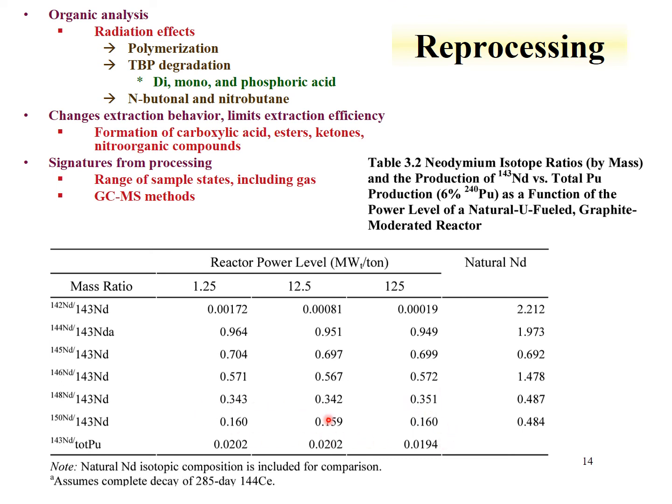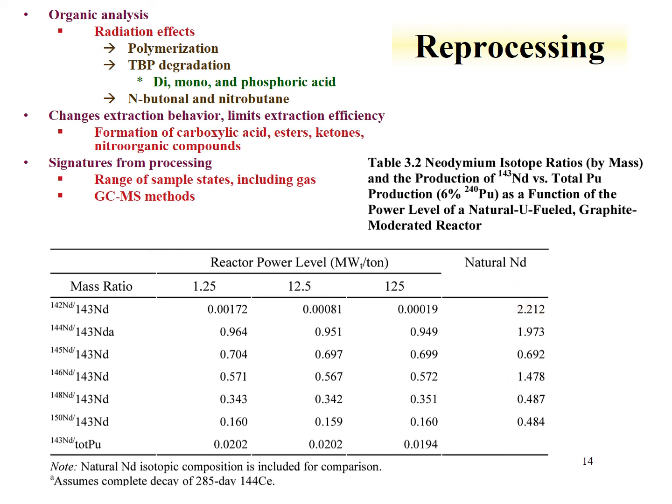For instance, over this entire 2 orders of magnitude range, the isotopic ratio between neodymium-150 and neodymium-143 doesn't vary much. But what one could see, if we looked at the ratio of the neodymium, is information related to the isotopic ratio due to the reactor and the isotopic ratio due to natural neodymium.